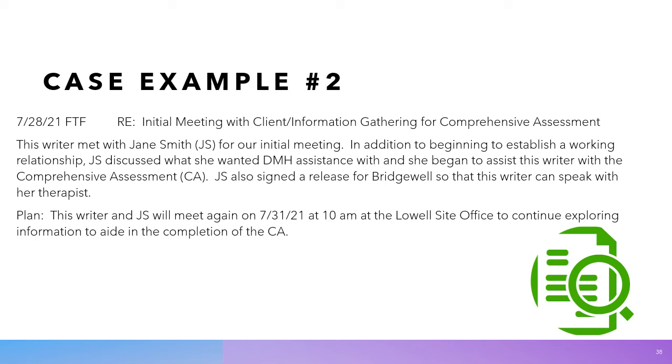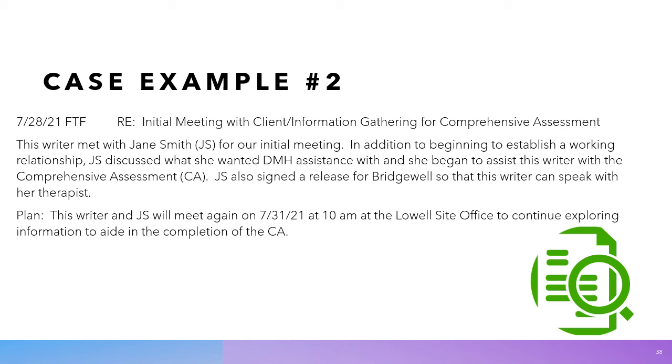JS also signed a release for Bridgewell so that this writer can speak with her therapist. Plan. This writer and JS will meet again on 7/31/21 at 10 a.m. at the Lowell site office to continue exploring information to aid in the completion of the comprehensive assessment.